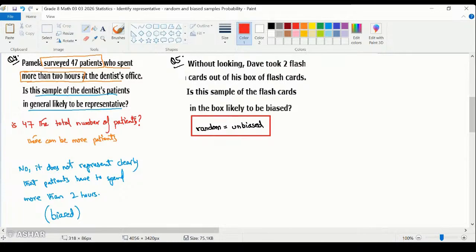Similarly with Dave, without looking, he took two flashcards out of his box. The box may have 100 cards, 50 cards, or 10 cards. We don't care. He selected two flashcards randomly.